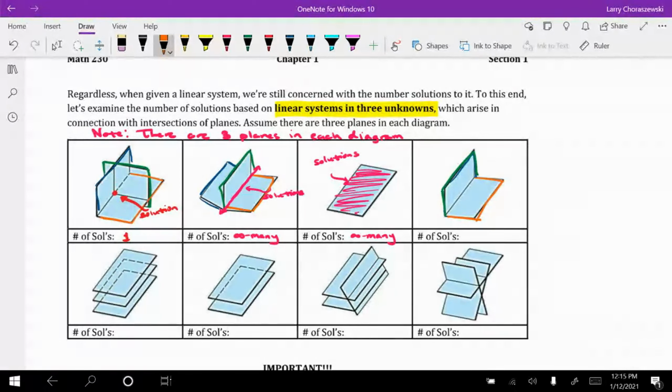Can anybody describe the geometry of the solutions to something like this? So all three planes are intersecting each other, and yep, they intersect each other in a line. So all of these are points of intersection, and they would trace out a line, yielding another system that has infinitely many solutions.